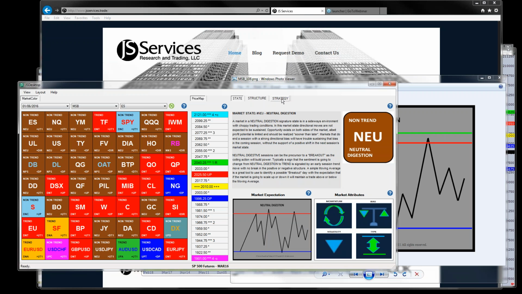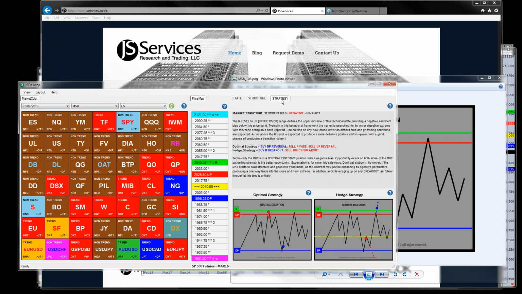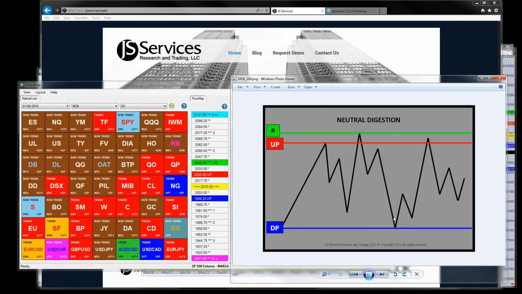But as happened earlier, we've broken that structure. We were in this digestive range, and we've broken the lower support of the digestive area. Now we've broken out of this range, and the statement that we're in neutral digestion is no longer true because we're actually below this price point.